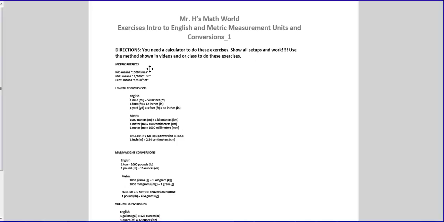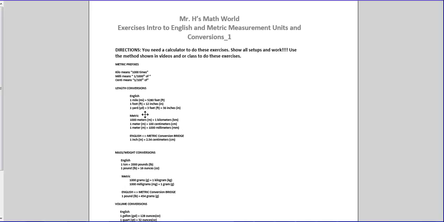The first page of this worksheet just goes through the conversions discussed in the previous video. So you have the metric prefixes. Kilo means 1,000 times something. Milli means 1/1000th of. Centi means 1/100th of. Our length conversions in English were 1 mile is 5,280 feet, 1 foot is 12 inches, 1 yard is 3 feet, which is 36 inches.